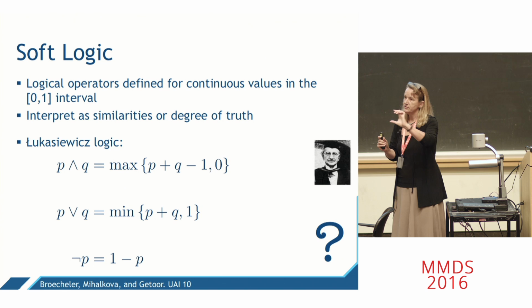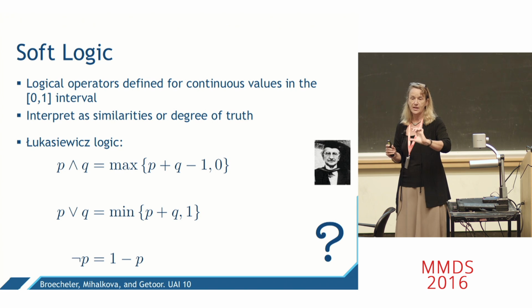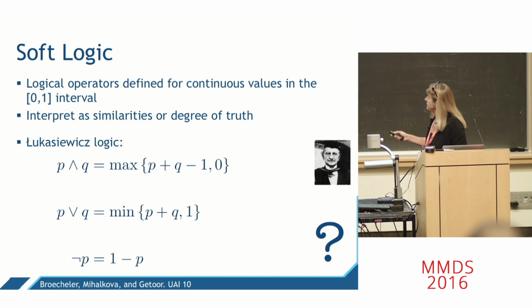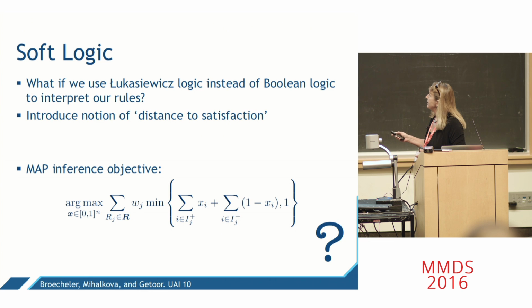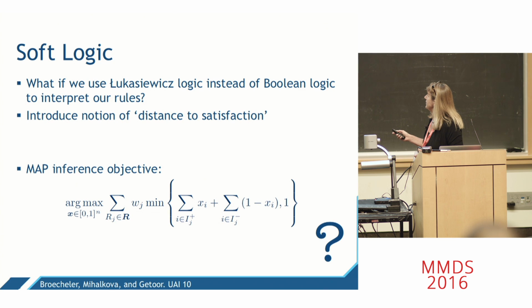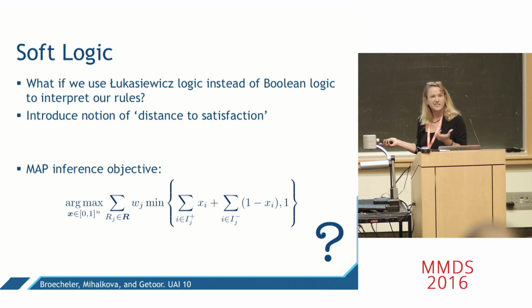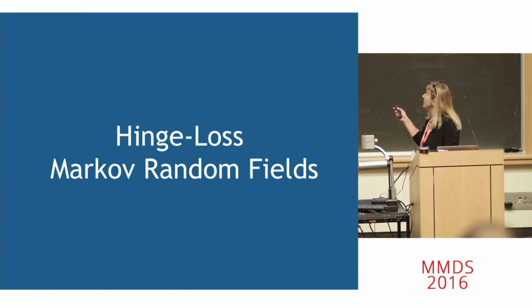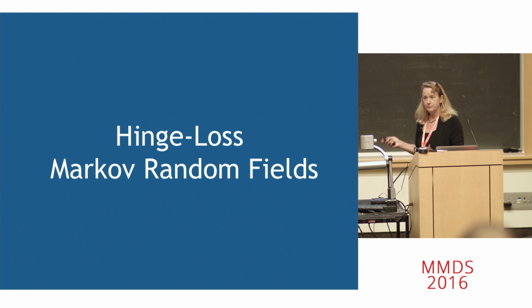Those can be interpreted as degree of truth. They could be interpreted as similarities. And again, we chose a particular well-known approach for converting these logical operations to values between 0 and 1. It turns out the optimization that you get when you do this is the following. If you squint at this, it has the same form as the other two. So we've been able to say that all of these end up being the same, which is exciting.